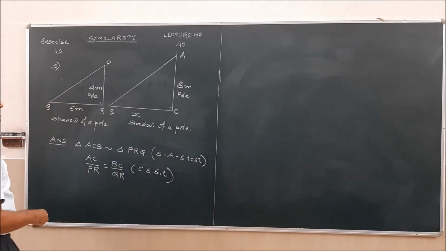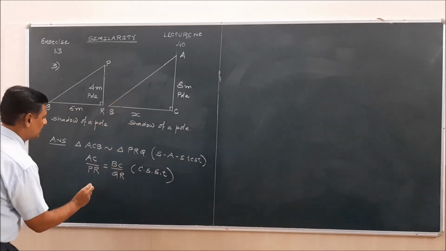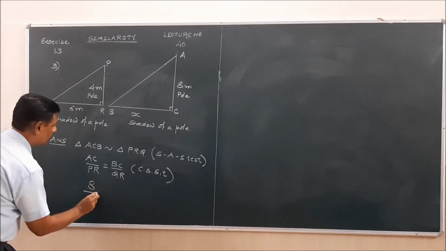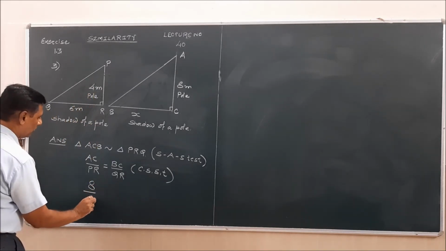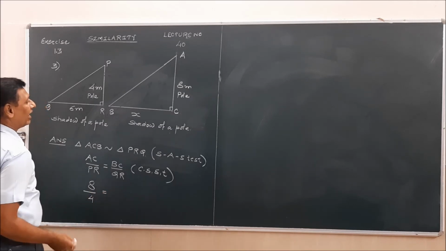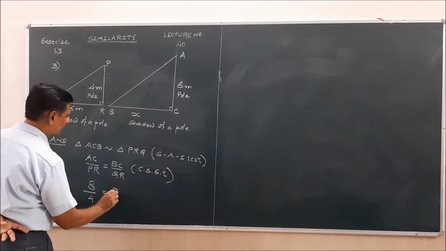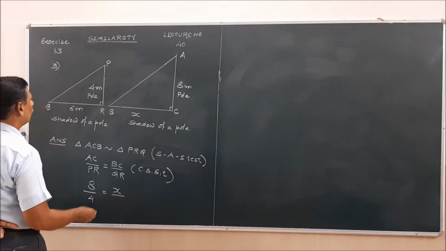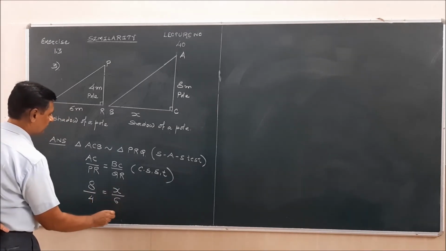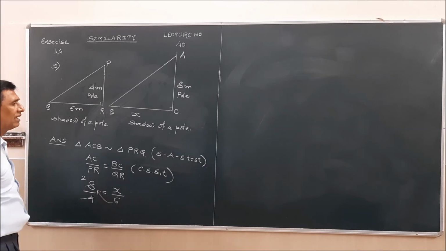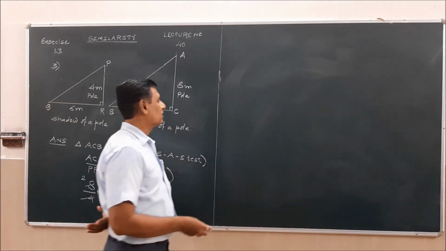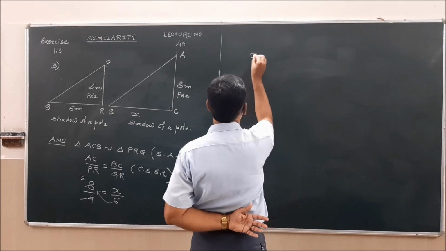Now, what is the value of AC? AC is 8. What is the value of PR? The value of PR is 4. That is equal to the value of BC, which is X. The value of QR is 6. 4 twos are 8. If I transfer this 6 to the left-hand side, I get X is equal to 12.